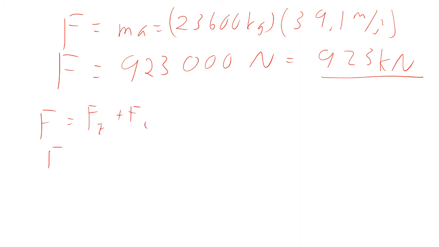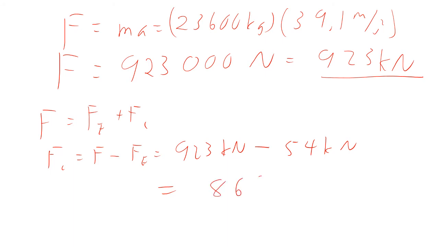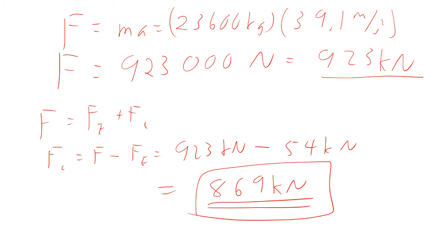So the catapult force is total force minus the force of the engines. So it'll be 923 kilonewtons minus 54 kilonewtons. And so that comes out to be 869 kilonewtons. Well, notice that the engines do almost nothing to help the aircraft take off.